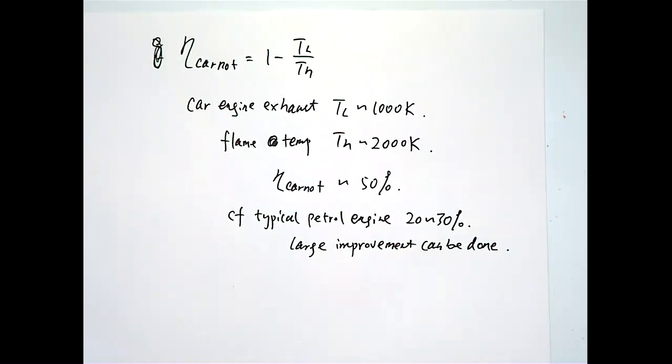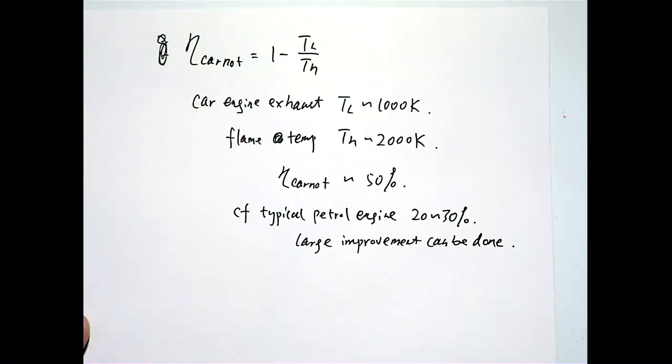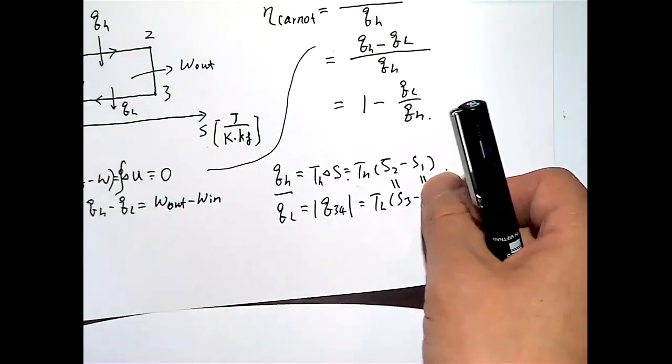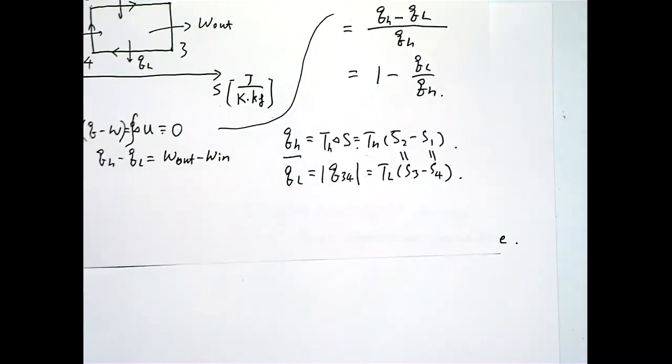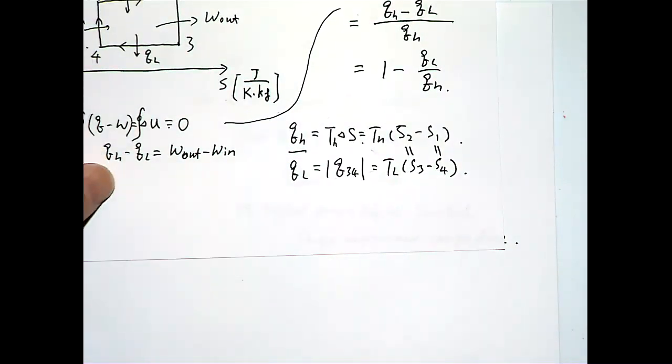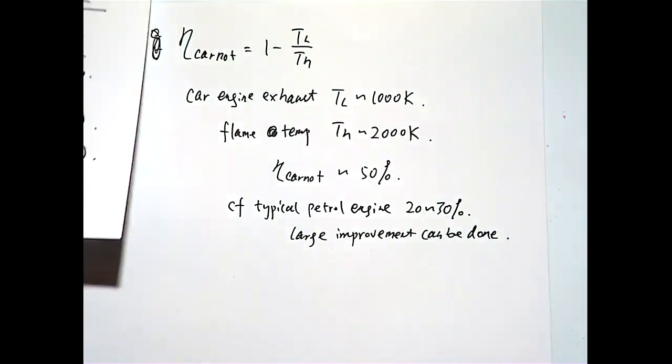So that's the Carnot efficiency, and if we want to understand this TS diagram further, we can gain insight by looking at the diagram here.